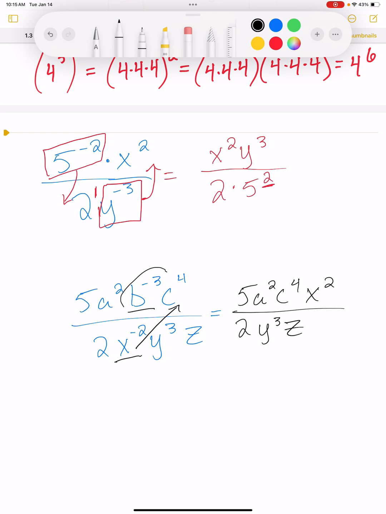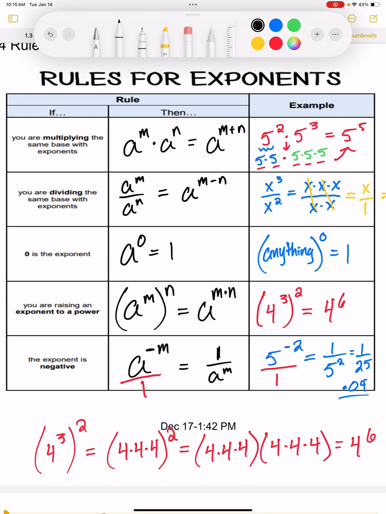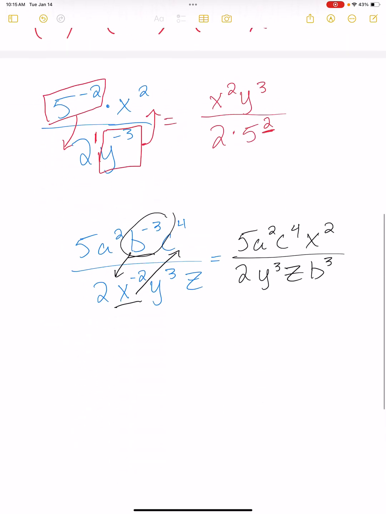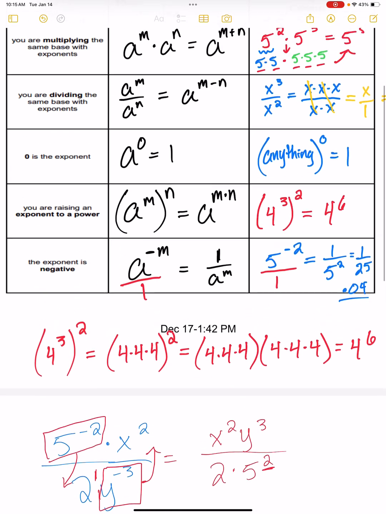But this b right here got moved to the denominator, and its exponent became positive. All right, so hopefully that makes sense to you. That's the exponent rules that you're going to need to know. Let's see if I have some examples I can work out with these rules.